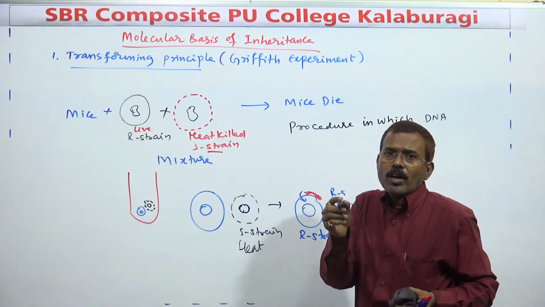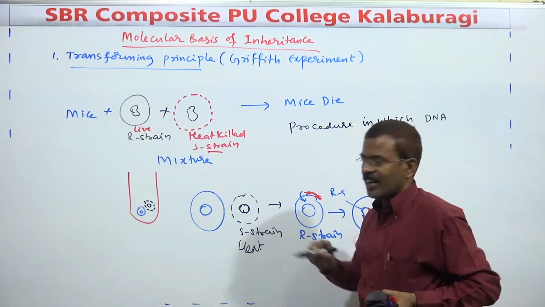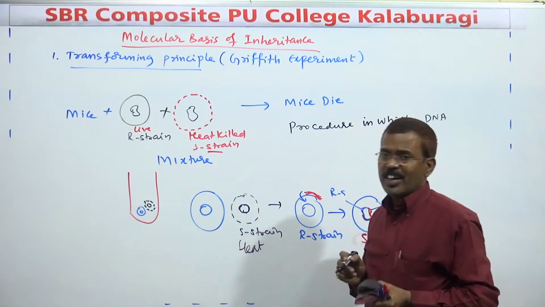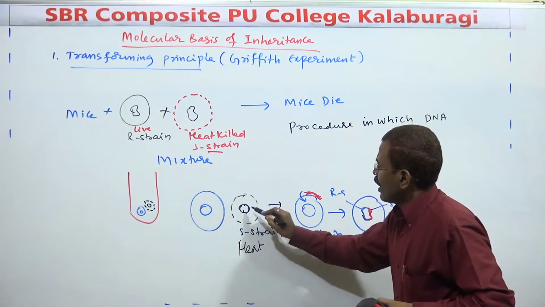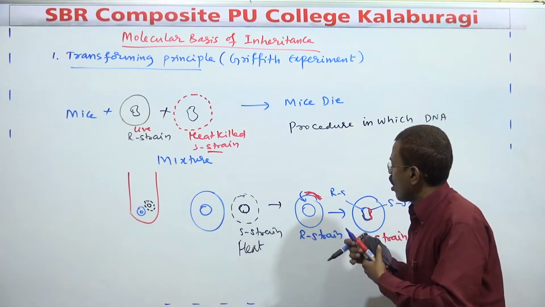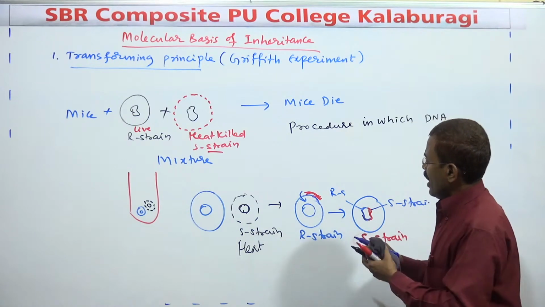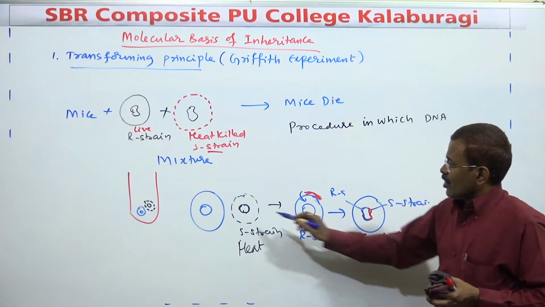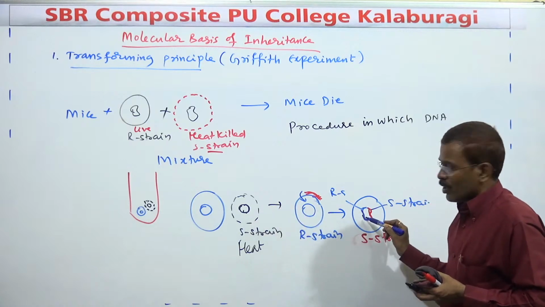We know capsule formation genetic property lies in the genetic material, and pathogenic property also lies in its genetic material. So the genetic material of the heat killed smooth strain bacteria will get absorbed on the surface of this R strain. Later on it is going to enter into the R strain and combine with it.